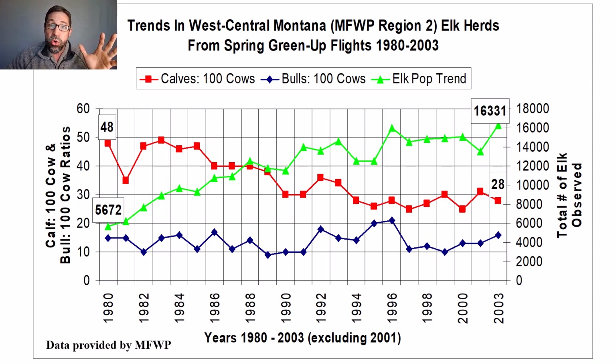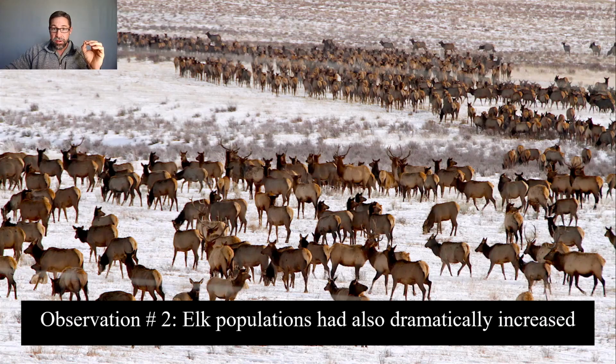And we know that elk are a slow tempo, K-selected species. So when that population abundance gets over a certain size, we have that inflection point, and population growth is going to decline. Okay, so the second observation that we make is that elk populations have dramatically increased.